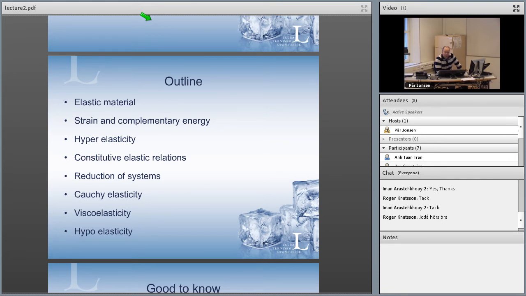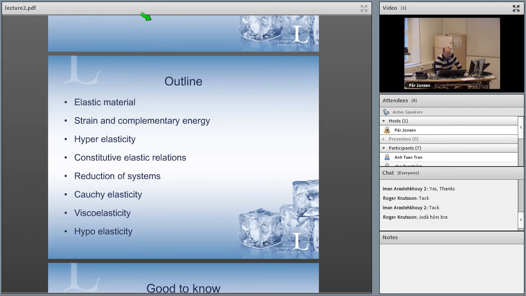After going through the first fundamental things with the first model, we go into the constitutive elastic relations, how you can relate it to a material. Next is the reduction of the system, because these systems with the tensor grow when you have a lot of parameters, but if you look at how material actually works, you can reduce them quite much.